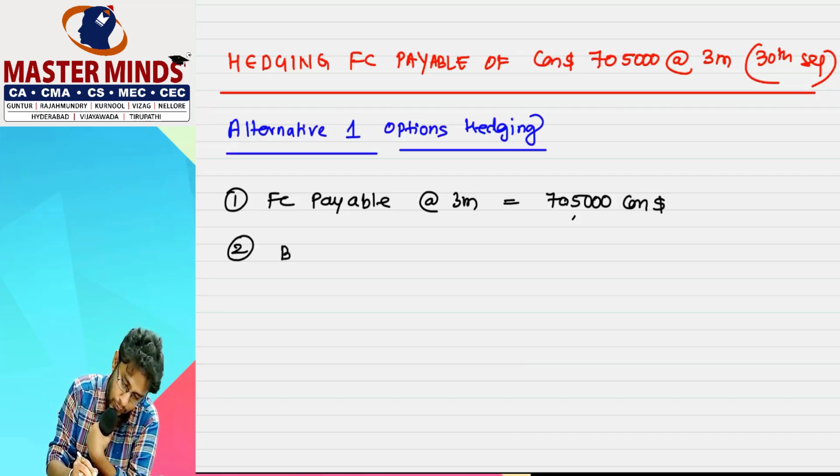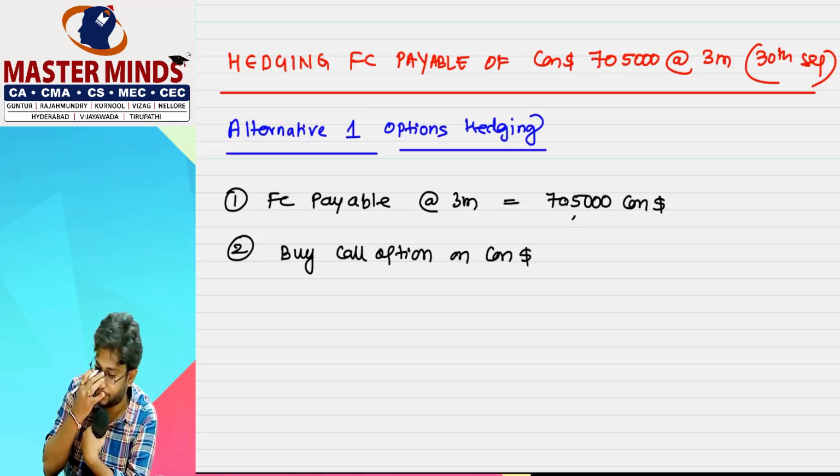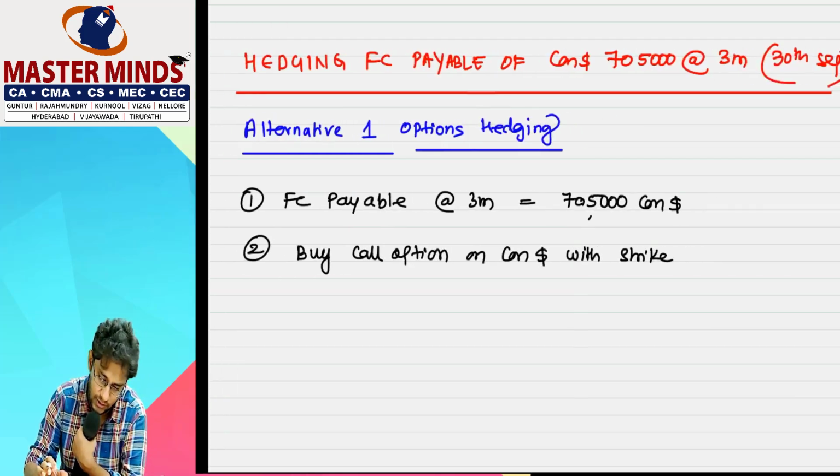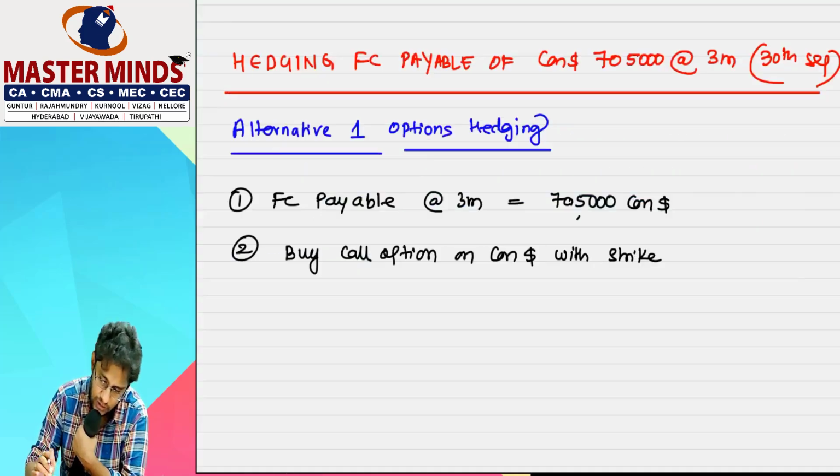So buy call option on CAN dollar with strike price. What is the strike? This time I think he's asking you to select 95.